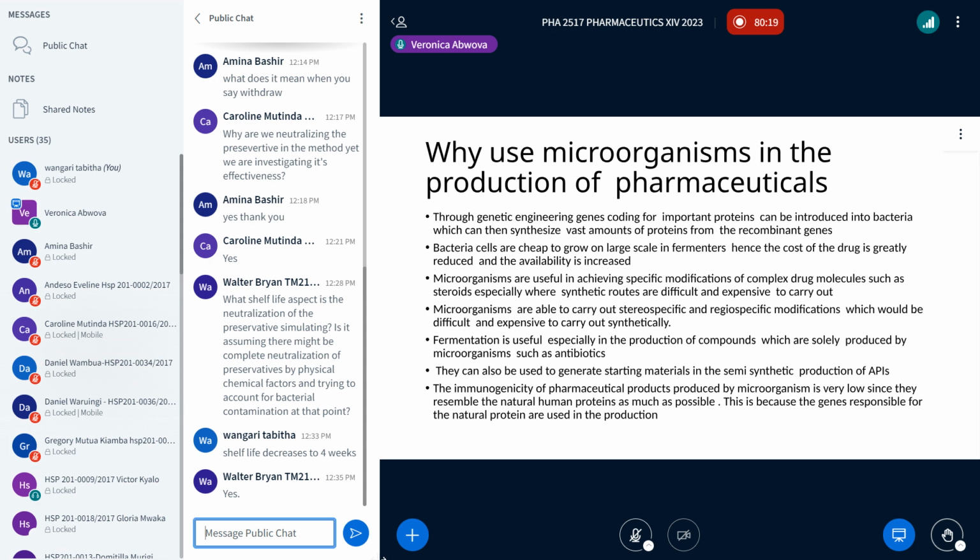They can also be used to generate starting materials in semi-synthetic production of API.